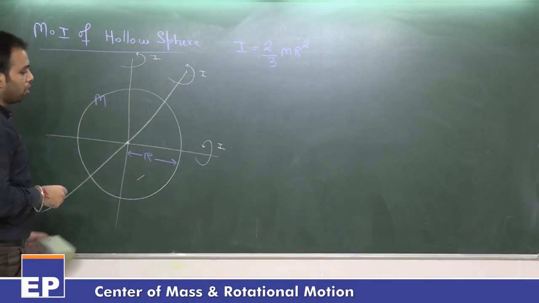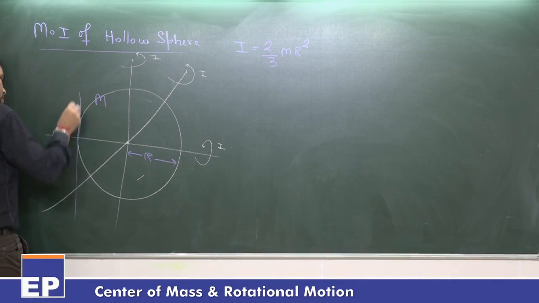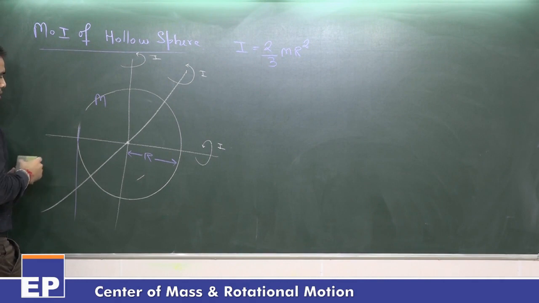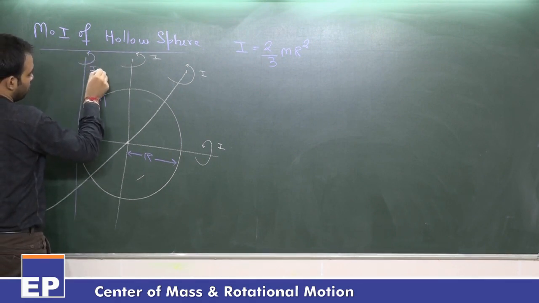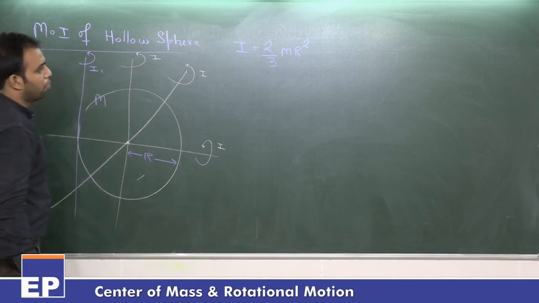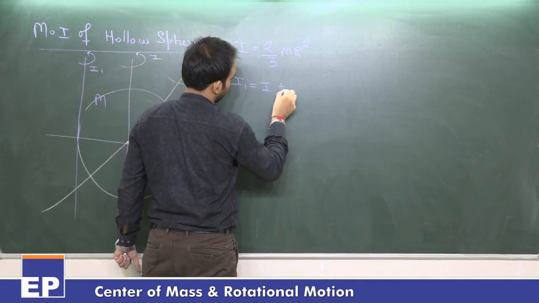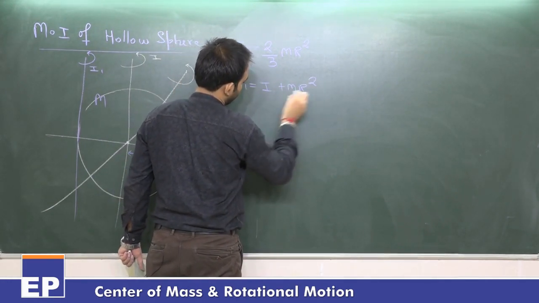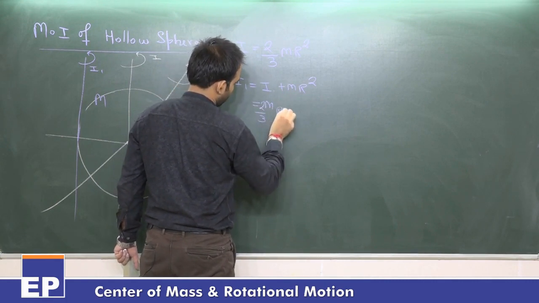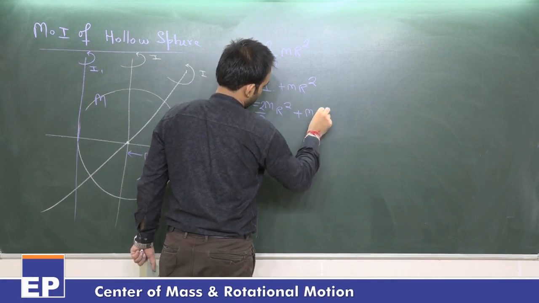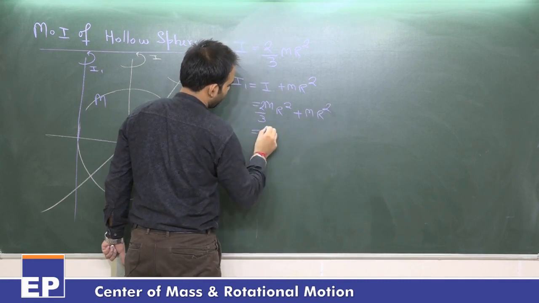If it is 2 by 3 m r square about that axis, then if you want to calculate about the other axis, I1, so if these two are parallel, I1 will be written as I plus m r square. What is I? That is 2 by 3 m r square, plus m r square. That will become 5 by 3 m r square.